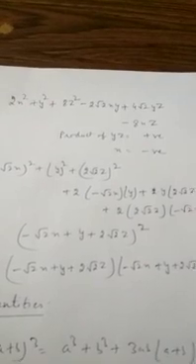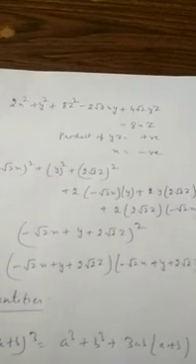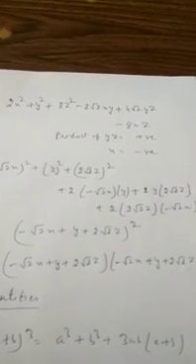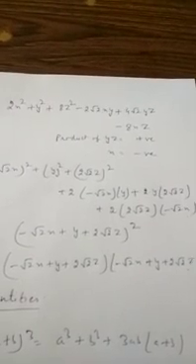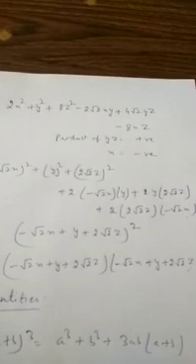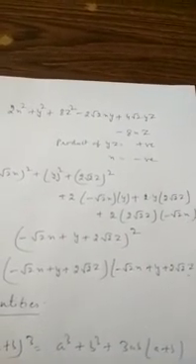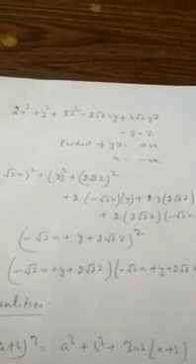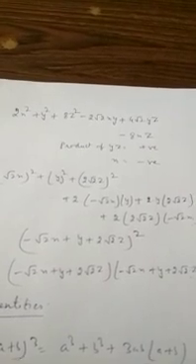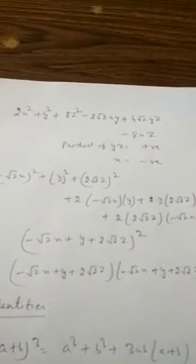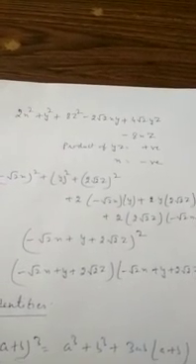It is a square plus b square plus c square plus 2ab, 2 into minus root 2 x into y, plus 2bc, 2 into y into 2 root 2 z, plus 2ca, 2 into 2 root 2 z into minus root 2 x. If the first step is clear, the whole question can be correct. If the product of yz is positive, it means y and z should be positive and x is negative, and we will also select 2 as the whole square of root 2, 8 as the whole square of 2 root 2.